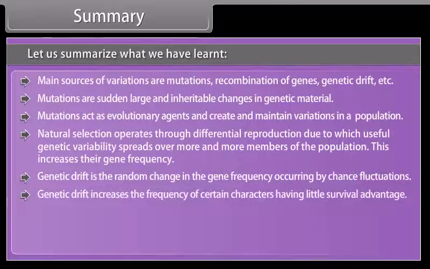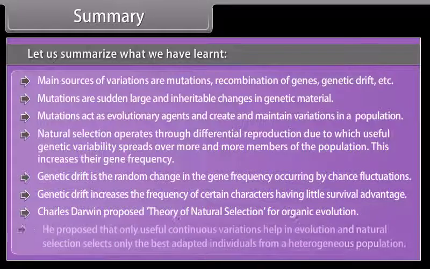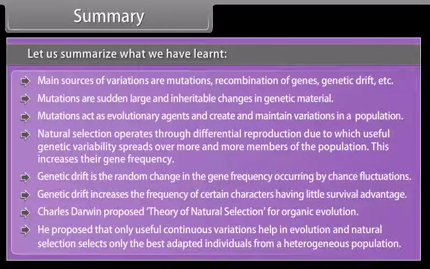Genetic drift increases the frequency of certain characters having little survival advantage. Charles Darwin proposed the theory of natural selection for organic evolution. He proposed that only useful continuous variations help in evolution, and natural selection selects only the best adapted individuals from a heterogeneous population.